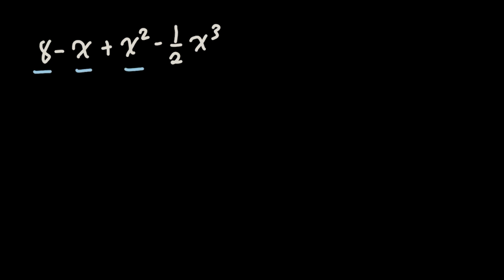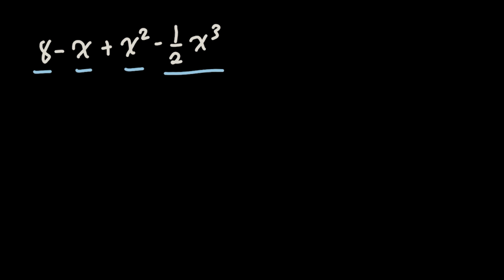So the next case is 8 minus x plus x to the power 2 minus a half x to the power 3. So here we have 1, 2, 3, 4 terms.